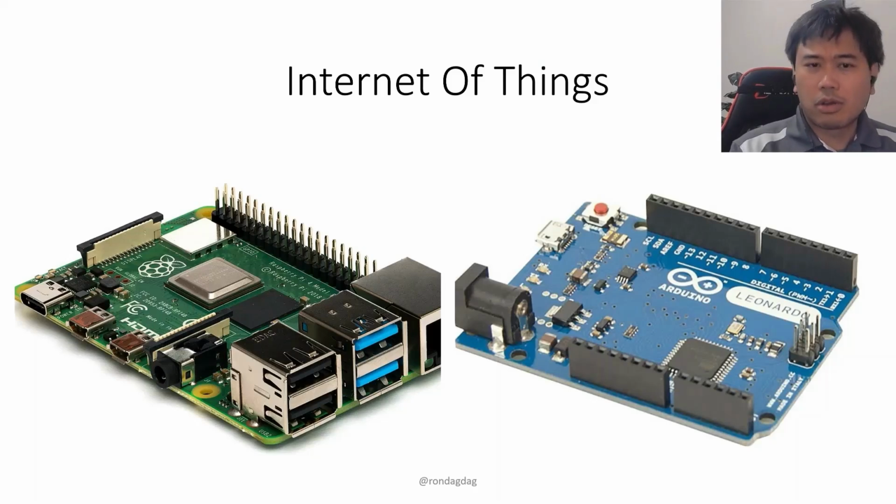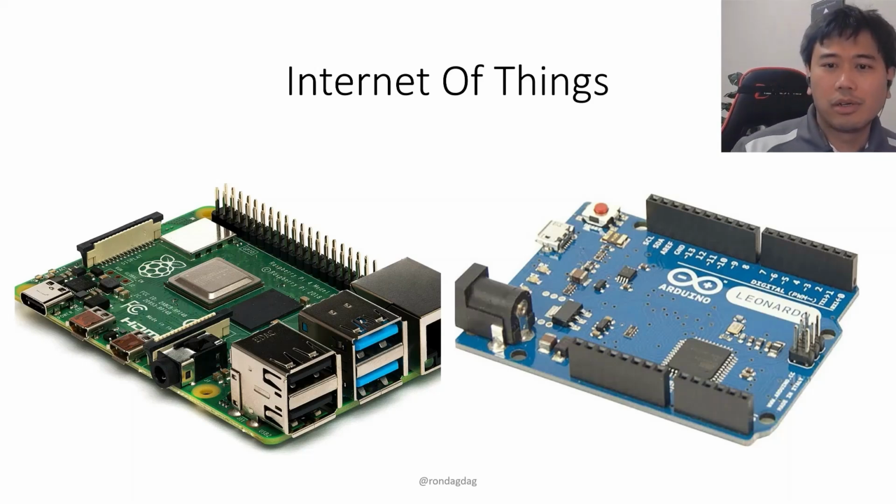Typically, when you want to learn more about Internet of Things, there are a lot of resources out there on the internet, and they tell you, hey, start with a Raspberry Pi or an Arduino. A lot of the maker kits out there that give you a gateway to learn more about Internet of Things are based on these two examples.